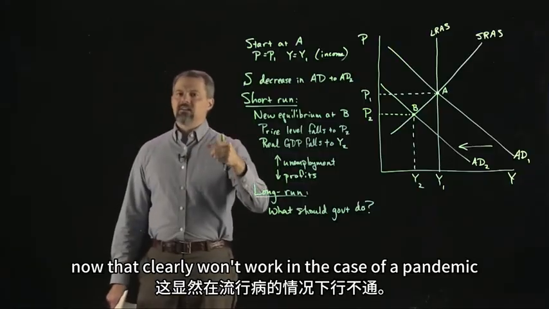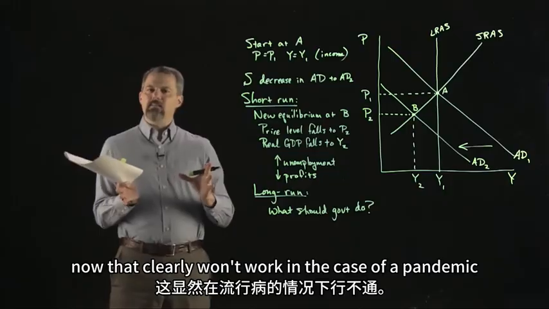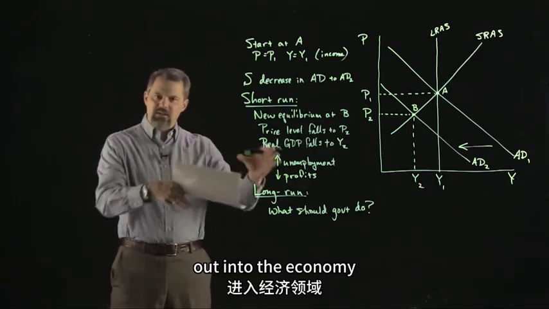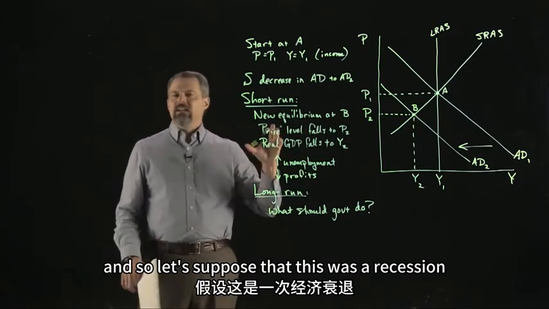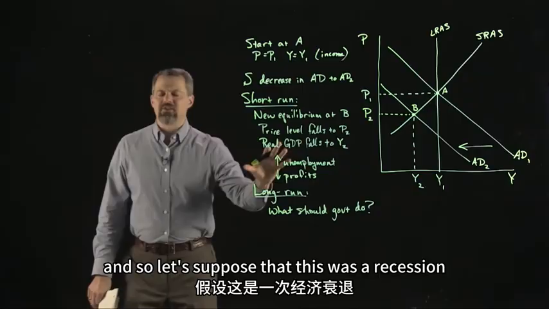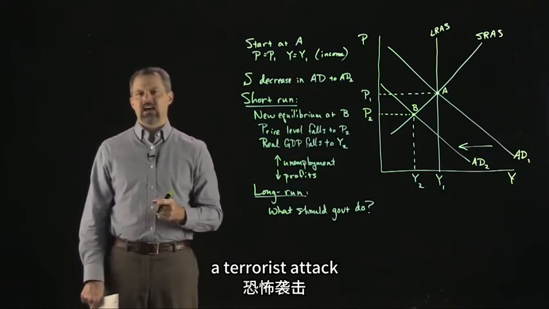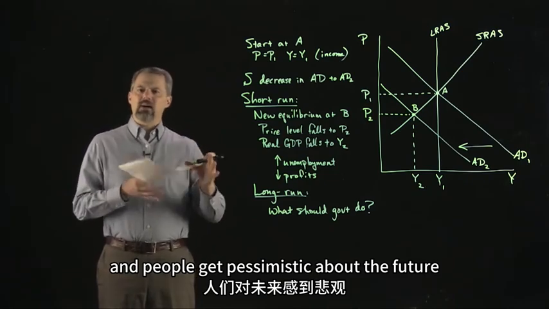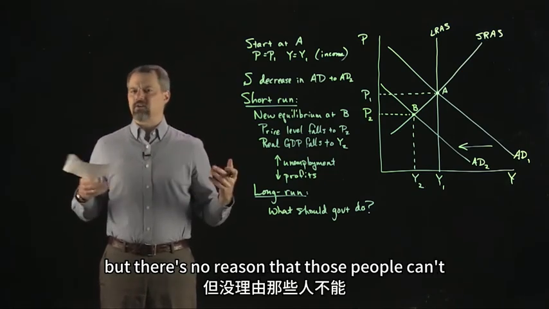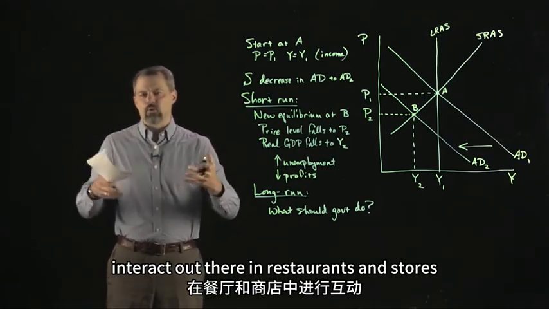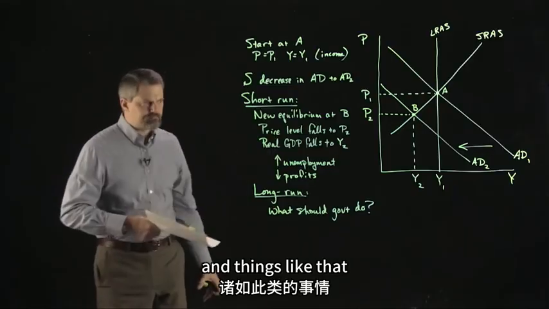Now, that clearly won't work in the case of a pandemic where the government does not want people going back out into the economy to spend dollars. And so let's suppose that this was a recession that was caused by, say, a terrorist attack. And people get pessimistic about the future, but there's no reason that those people can't interact out there in restaurants and stores and things like that.